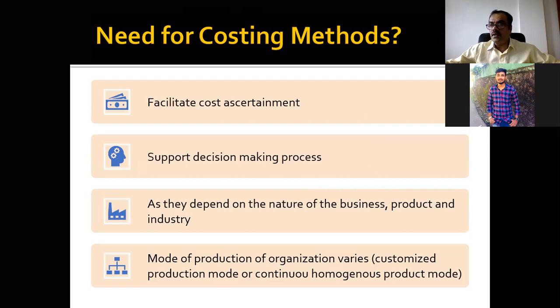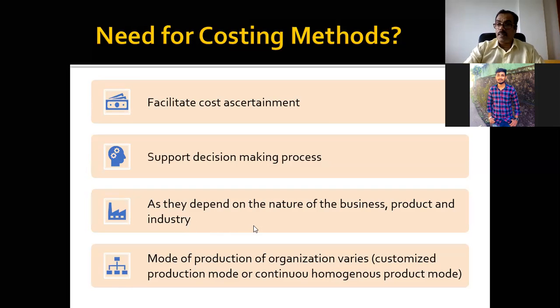Within these two different techniques, tools, whatever, you can even come out with your own method. Whatever the method, there should be a method. If you do not have a costing method, it would be very difficult for managers to take decisions. Therefore, we can say that costing methods support the decision-making process.